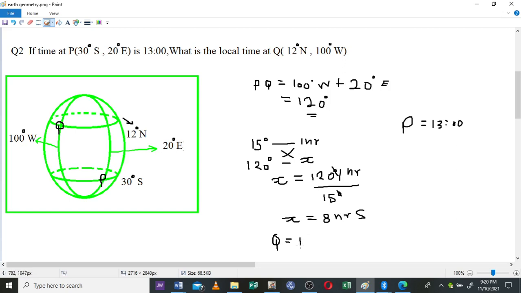That's 13 hours, right? Minus 8 hours. Okay, so that gives you 5 hours, the difference in time between point P and Q. So now the time at point Q will be 5 hours.